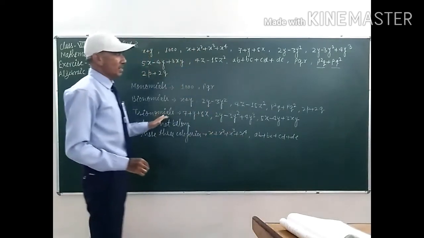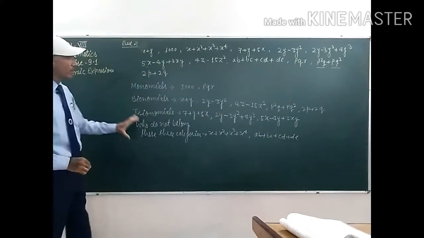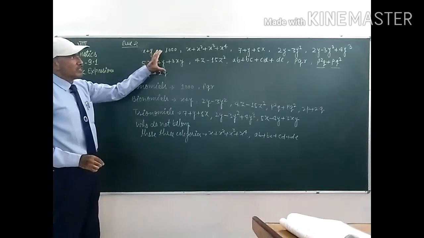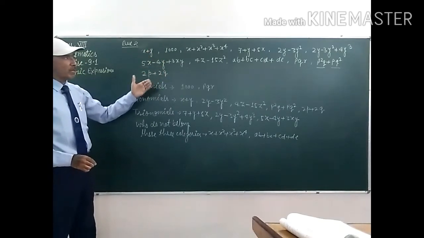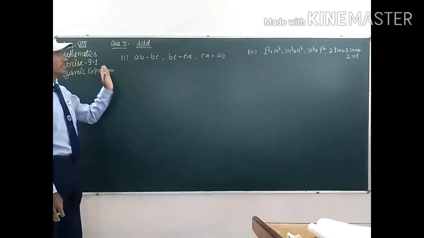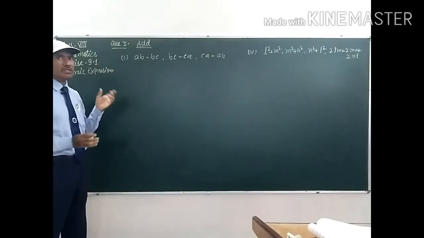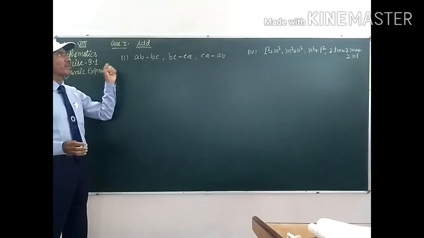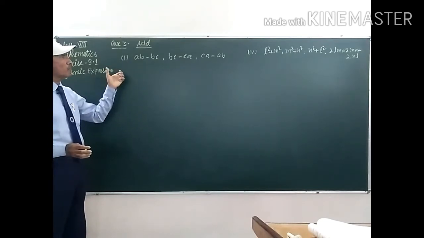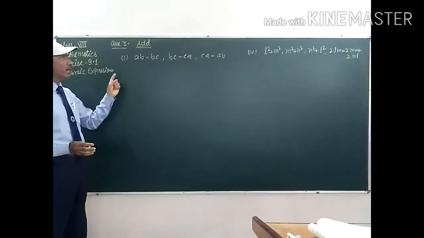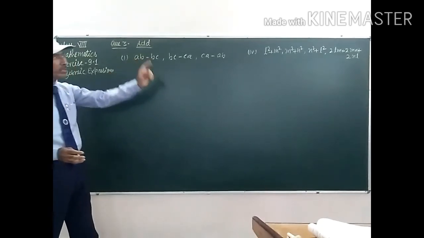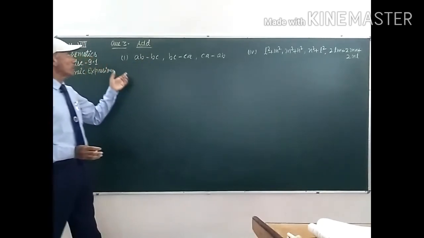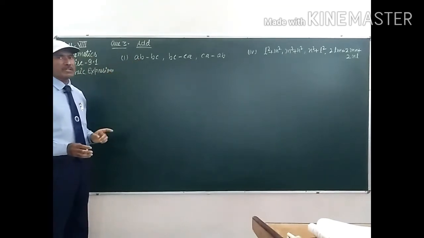This is question number second, student, and all the expressions you have categorized into monomials, binomials, trinomials. And this is question number 3rd. In this question you have to add the given expressions. There are 4 parts in this question and I have written here only 2 parts, that is part number 1st and part 4th. So add the following expressions.